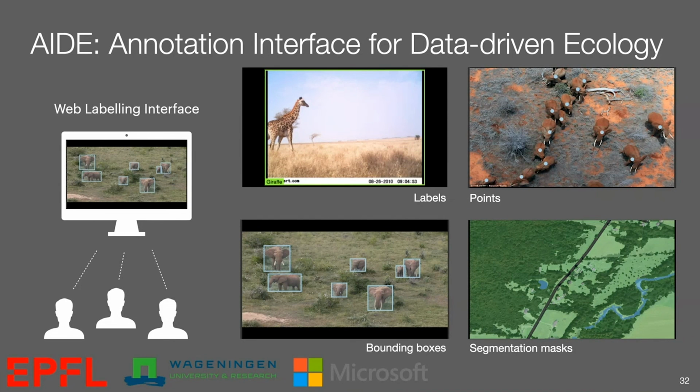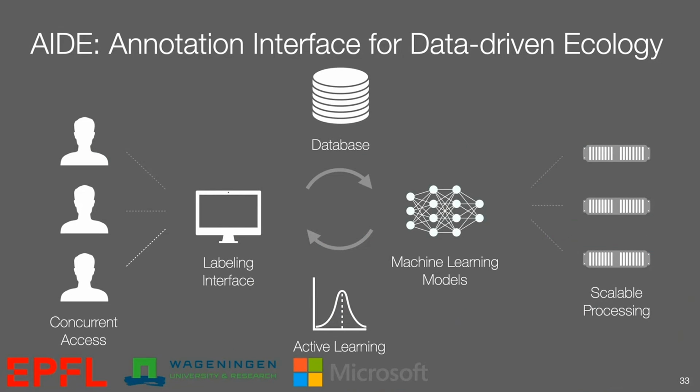It's a web-based annotation interface in the first place, but what sets it apart from other such solutions is that it includes a full stack of machine learning and deep learning models in the background, and it does that using active learning.